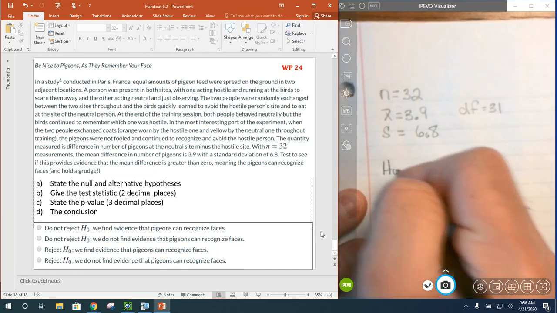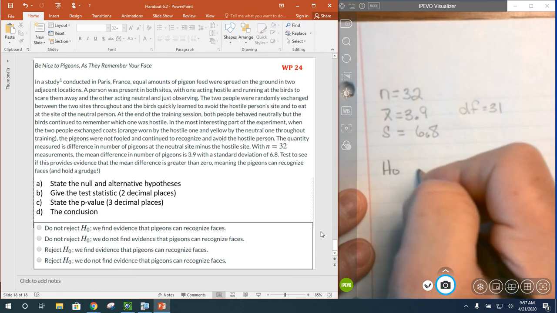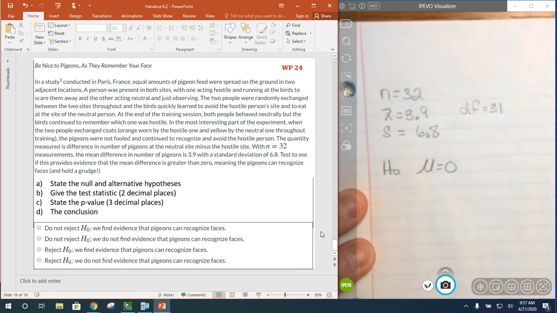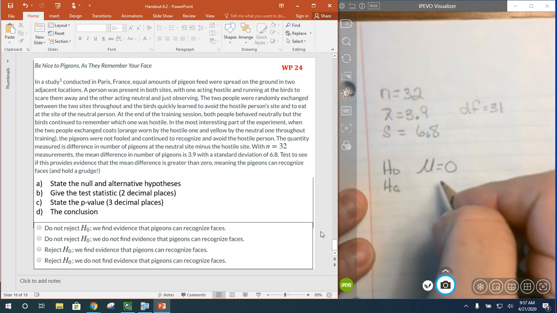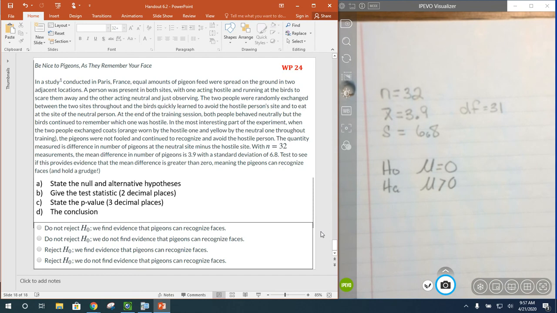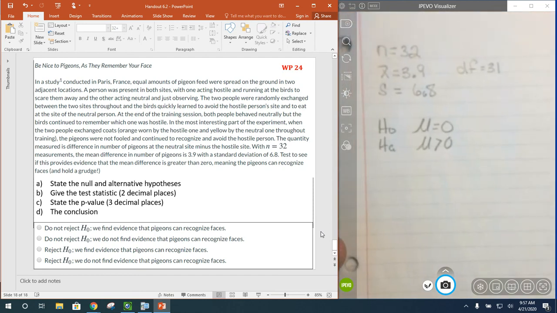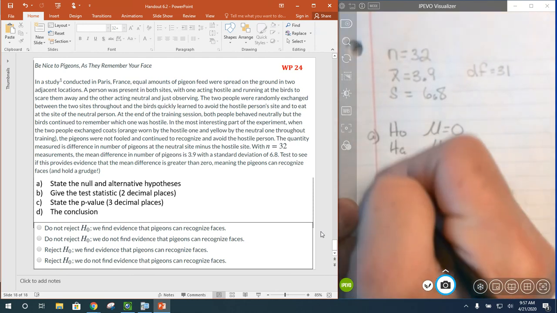So our H sub O is mu equals 0, nothing going on. Our H sub A is that mu is greater than 0, because we want to see that there's a greater difference in the two. So that's part A. I'll label that part A.